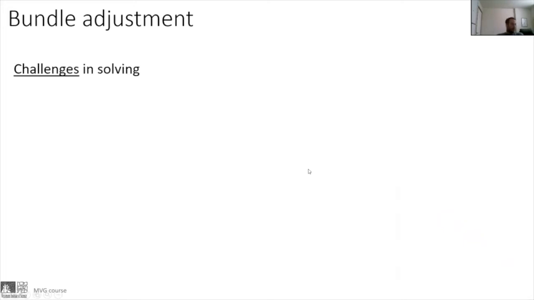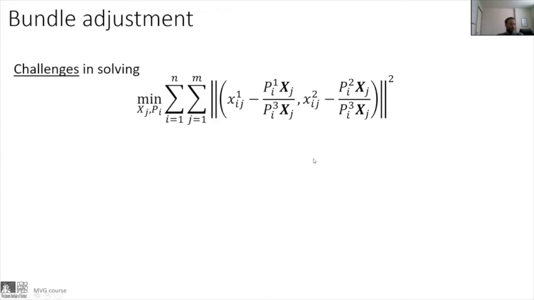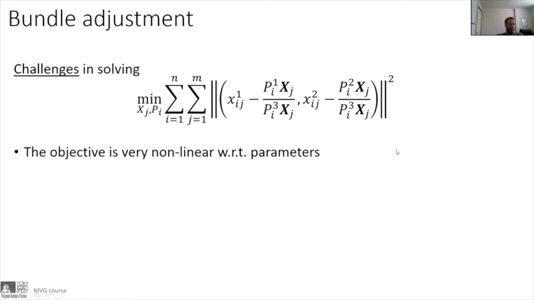So a bit about the problem of bundle adjustment. This is the objective, and what are the challenges in this objective? So first, it is very nonlinear. In general, what we know how to solve efficiently are convex problems.